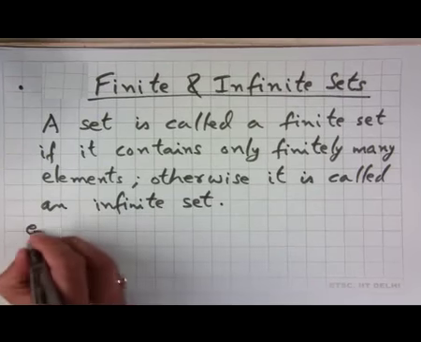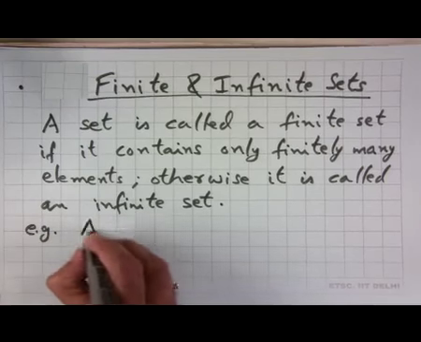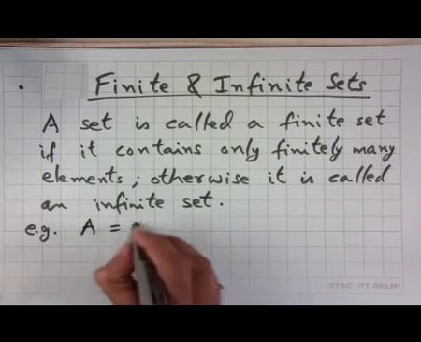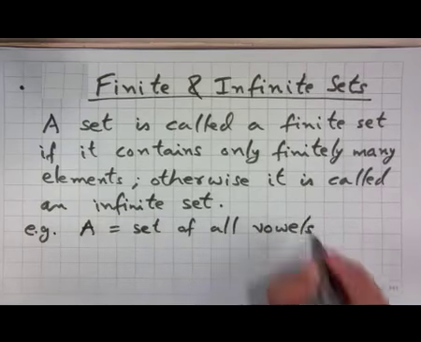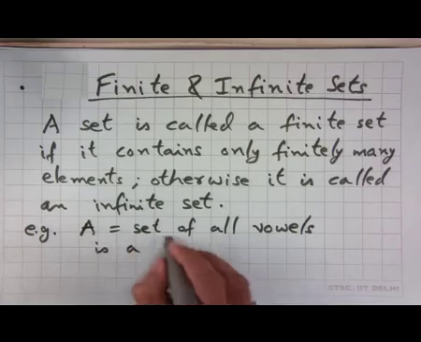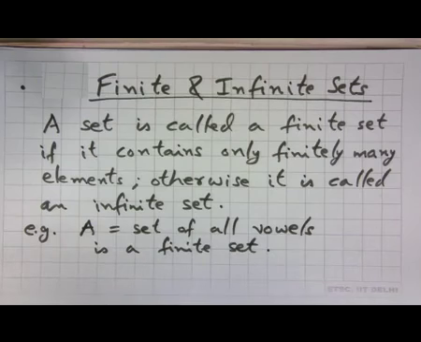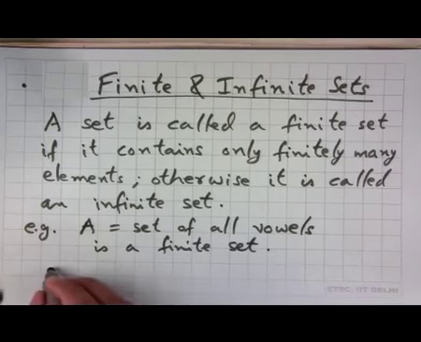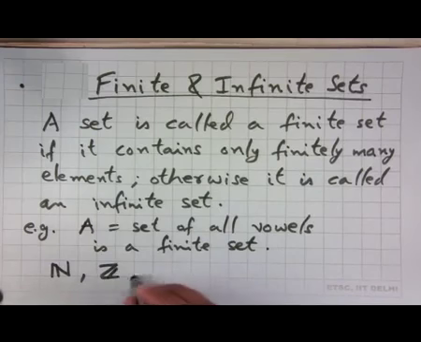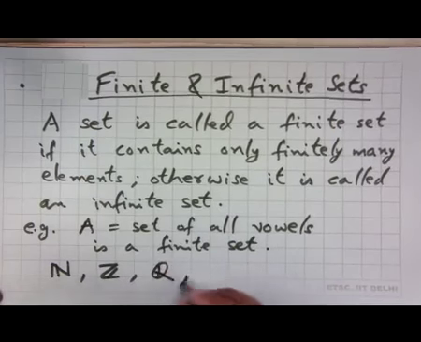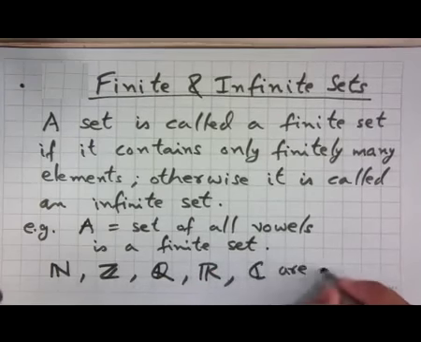So, for example, the set A, the set of all vowels, is a finite set because it contains only 5 elements. But all these examples that I gave, the set of all natural numbers, the set of all integers, rational numbers, real numbers, complex numbers, these are infinite sets.